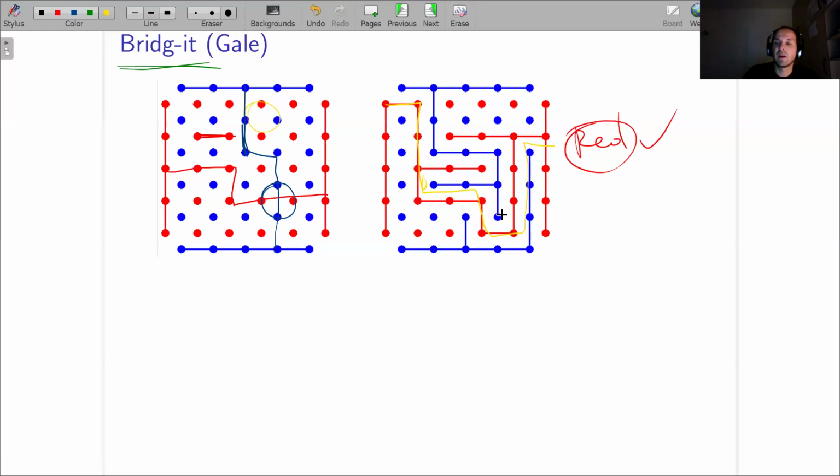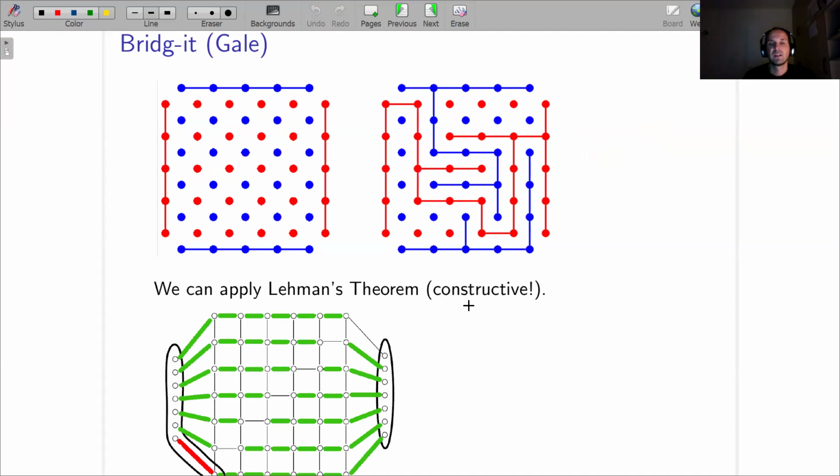One remark: using this previous theorem of Lehmann, we can show that this is actually a first player's win. Red, as first player, has a strategy to win. How do we see that? First, notice that this structure here is the same as the board. Look at the goal of red: to connect this here, which can be represented as a vertex, to this here, which can also be represented as a vertex.